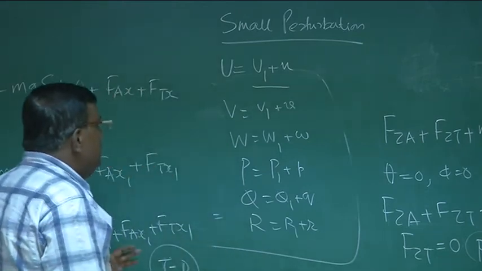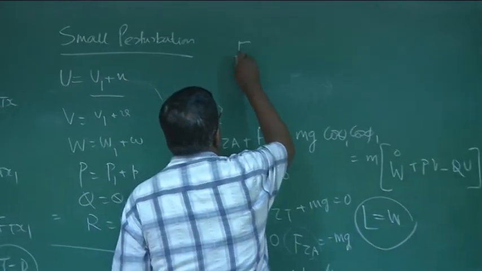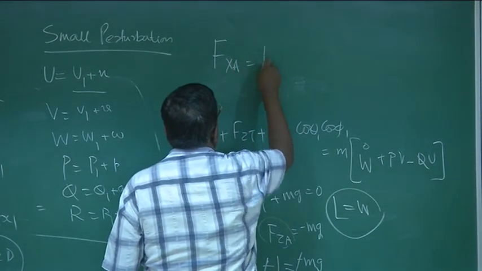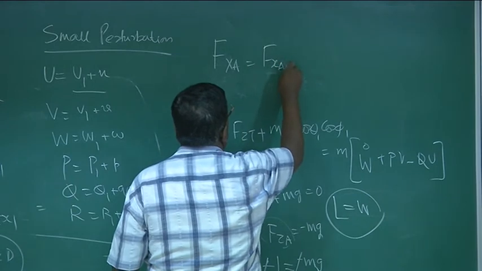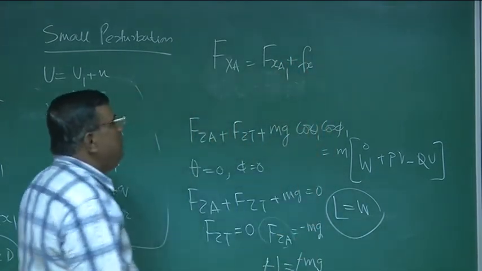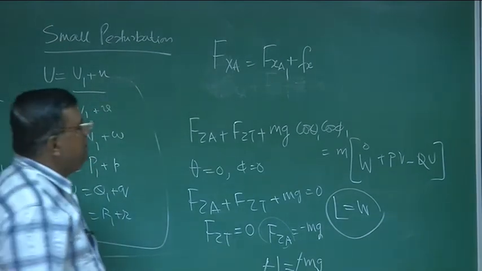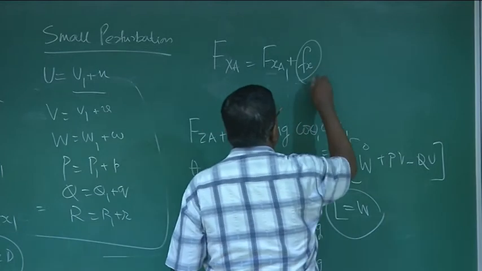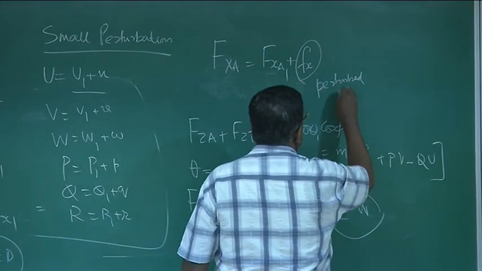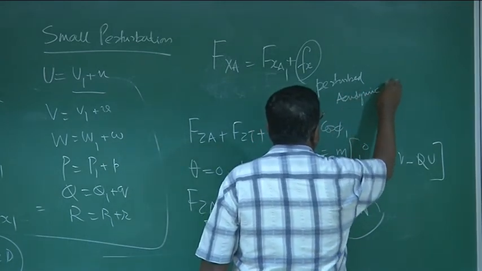Okay? And the second thing you should understand, when we talk about aerodynamic force, let's say Fxa, I will write it as Fxa1 at steady state plus small fx. Similarly, for Fz, it is small fz. Right? And what is this fx? Fx is the perturbed aerodynamic force.